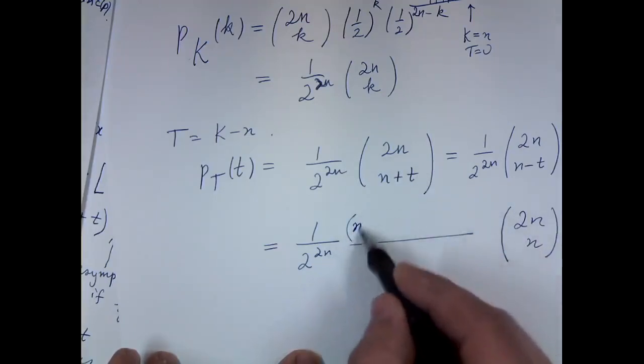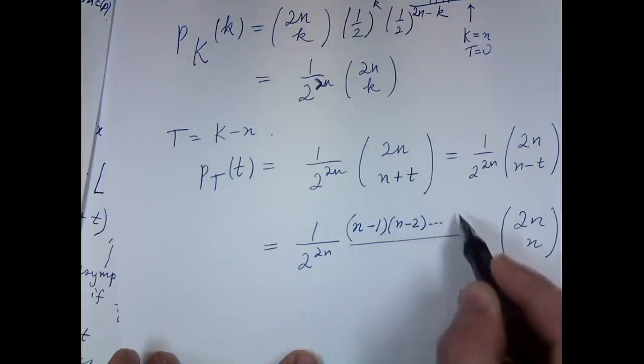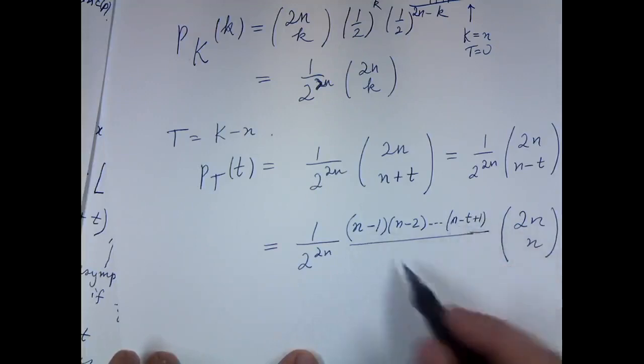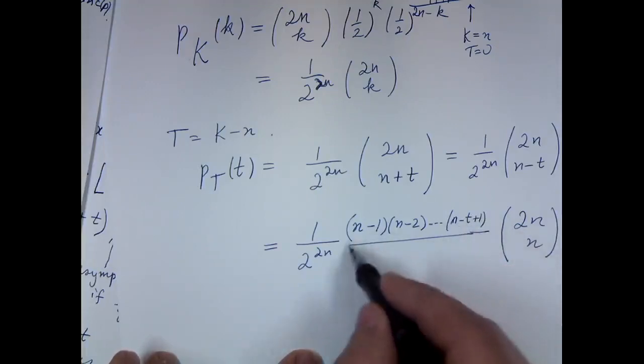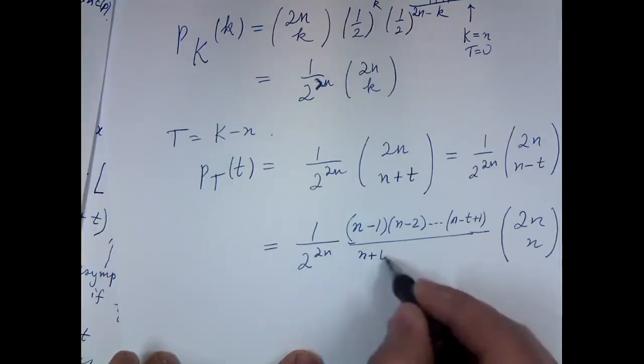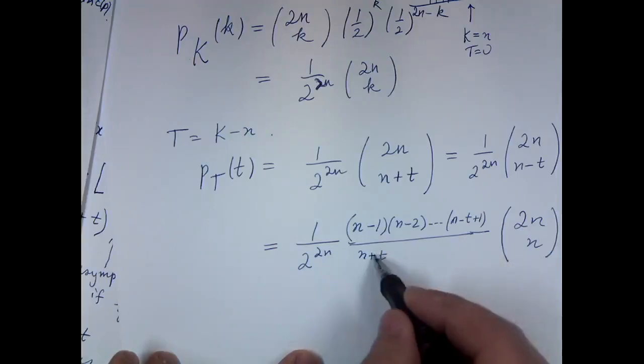So the extra factors on the top are going to be n minus 1, n minus 2, all the way to n minus t plus 1. Because remember, you always have to have the same number of factors on the top as the bottom when you're doing this binomial coefficient. And on the bottom, the extra factors are going to be n plus t minus 1, all the way down to n. I'm actually going to do that in increasing order.